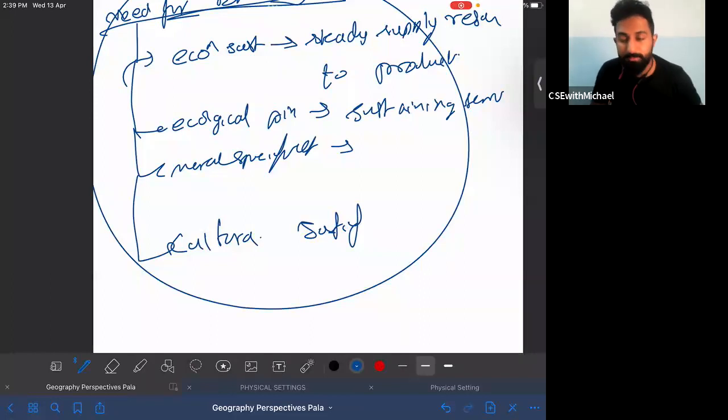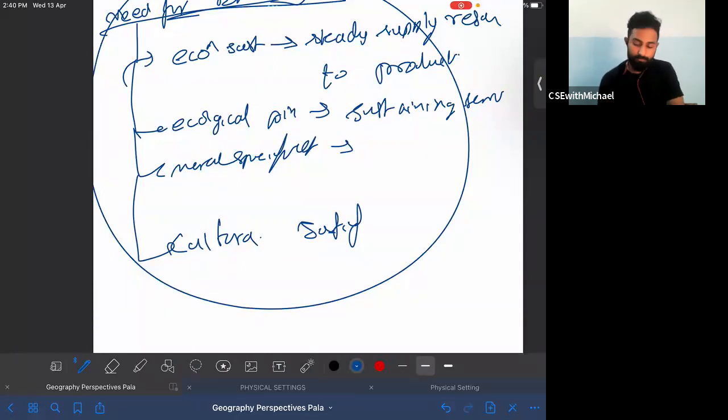So first of all, economic justification. Economic justification stems from the needs of individuals and societies for environmental resources to gain economic benefits.